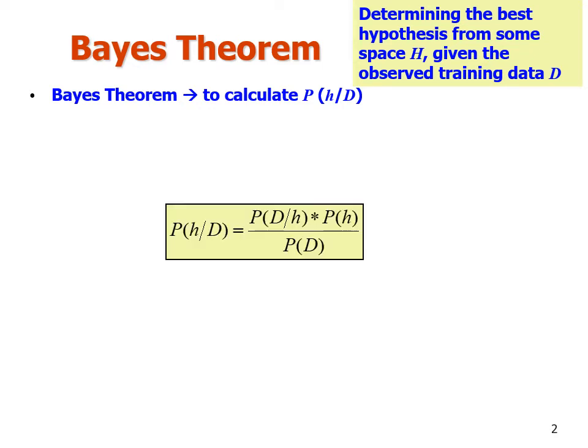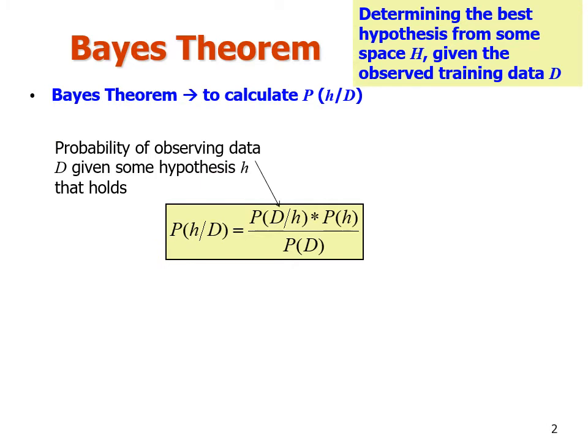So we can write the expression as probability of H given D is equal to probability of D given H multiplied by probability of H divided by probability of D, where probability of D given H is the probability of observing data D given some hypothesis H that holds.